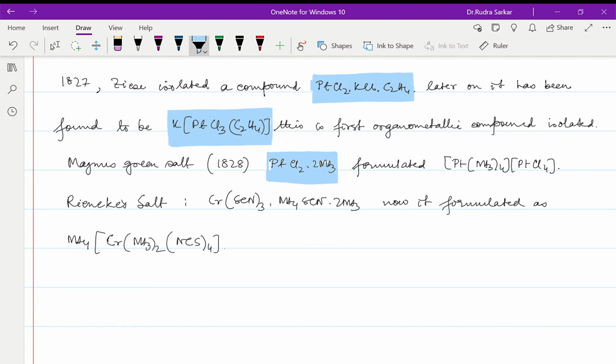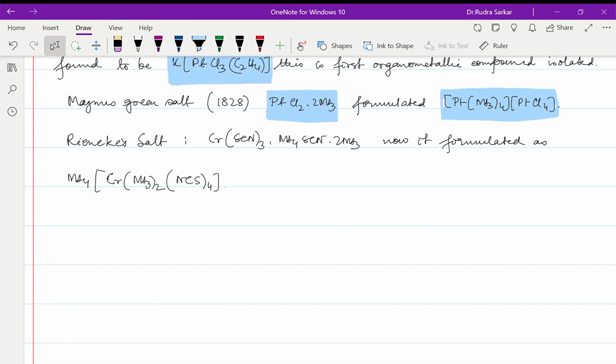So what is this new idea that Werner gave? Now that we will be discussing in detail. Let's understand.